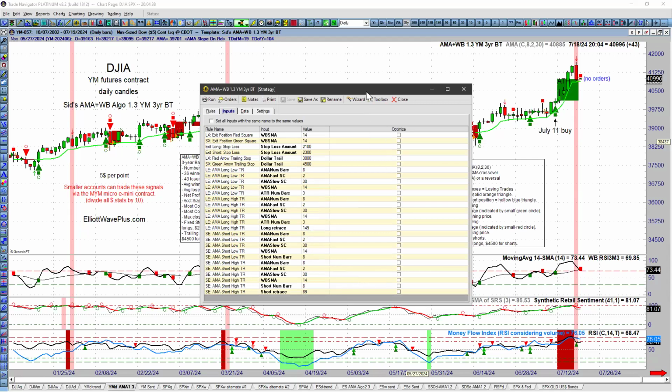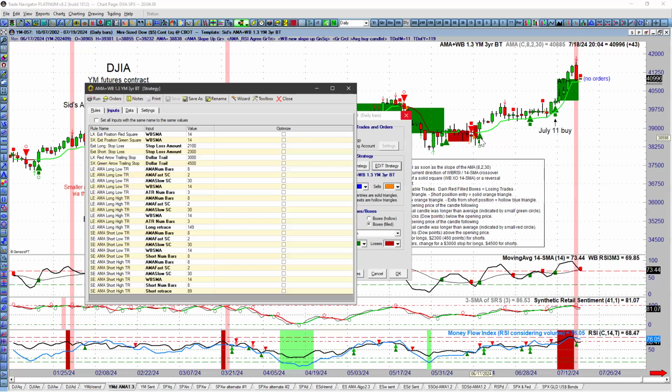I also have it determine, is the signal candle larger than normal? And if it is, then I back test for how much of a pullback to look for before getting back in, because usually when you get a real long signal candle, there's at least a partial pullback the next day.